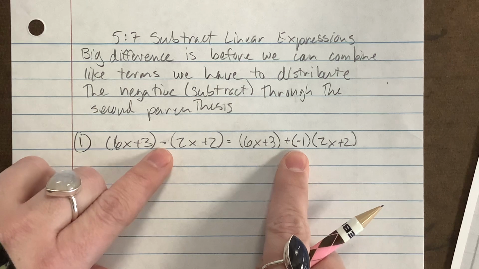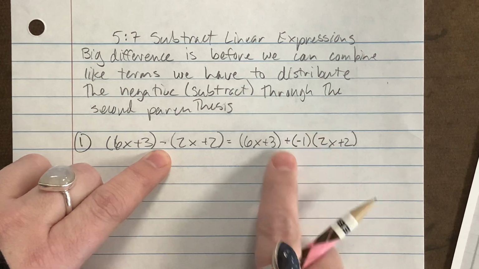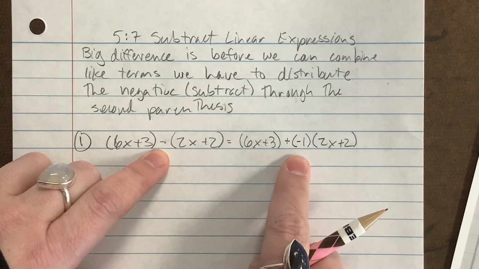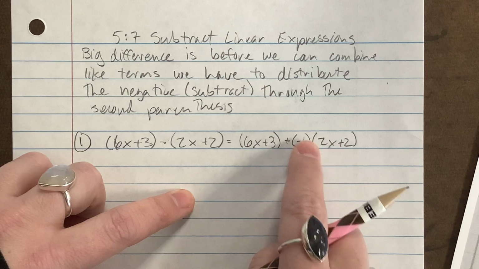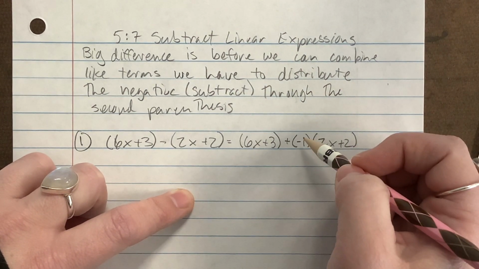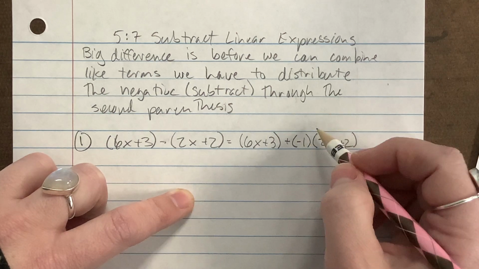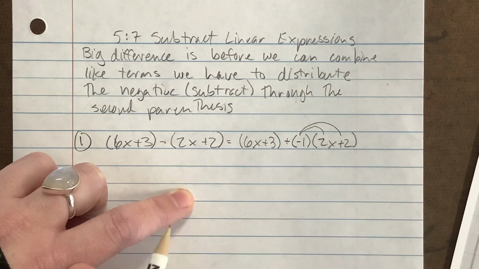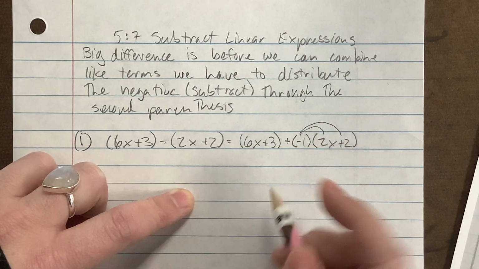Okay, so can you see the idea that we need to rewrite the subtracting as adding the negative? And now you can see we've got something we need to distribute through. We have to distribute that negative 1 through to everybody in the second parentheses.